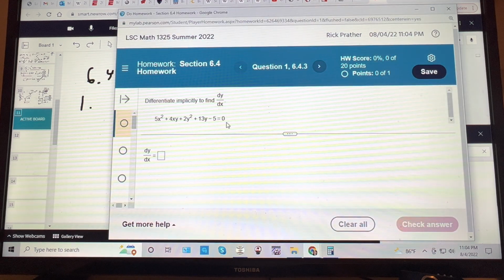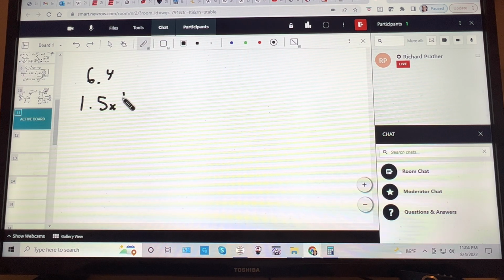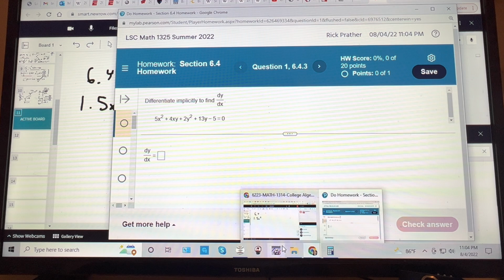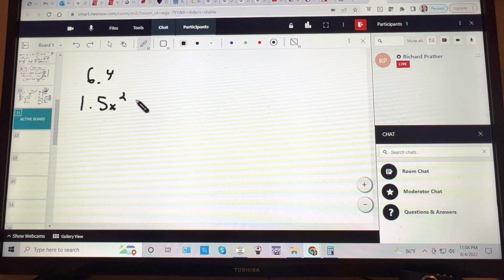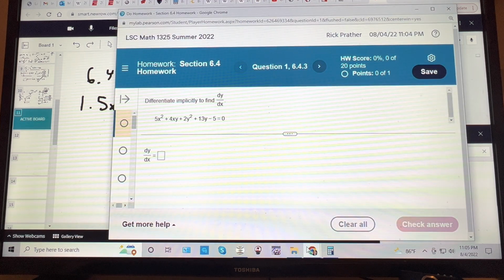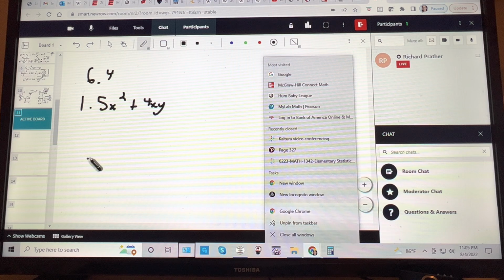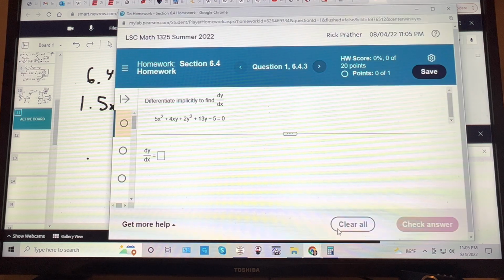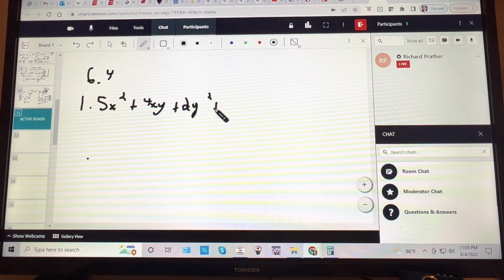I've got an equation with x's and y's in it. 5x squared plus 4xy plus 2y squared plus 13y minus 5 equals 0.